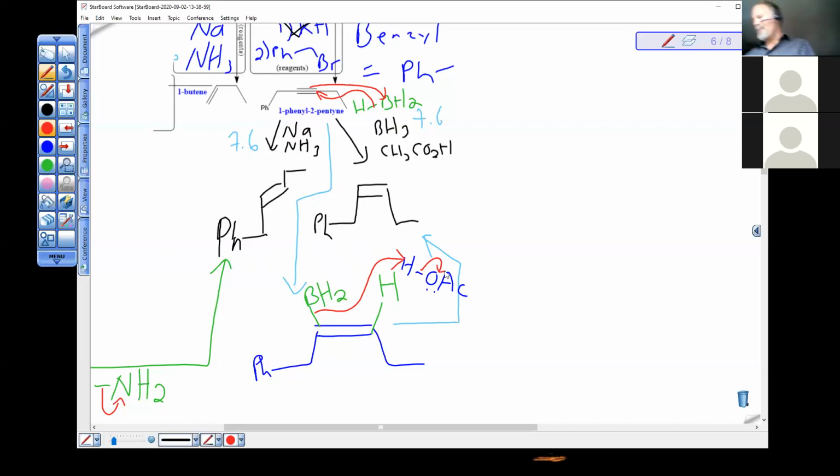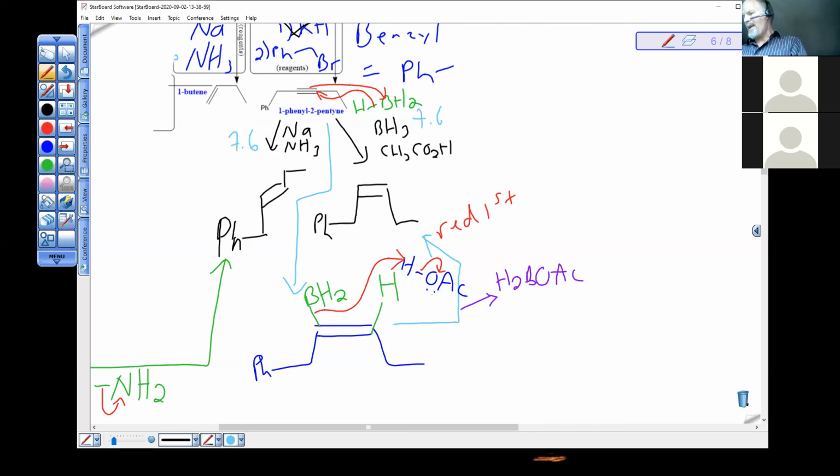And an optional thing to show in purple would be the formation of H2B OAc. And here's where we can use our new knowledge to save time. Red was first, blue is second.